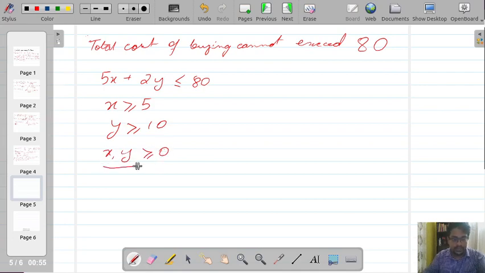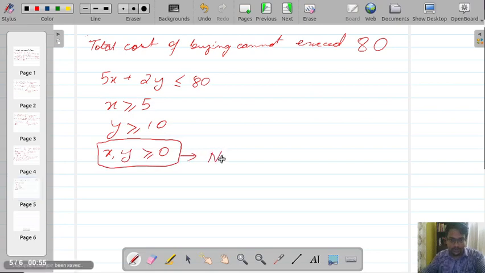I did not mention that x and y have to be non-negative, because you cannot buy -1 number of pencils. In the entire course, every variable will be non-negative. So this constraint is always there in any problem. It will be called the non-negativity constraint.